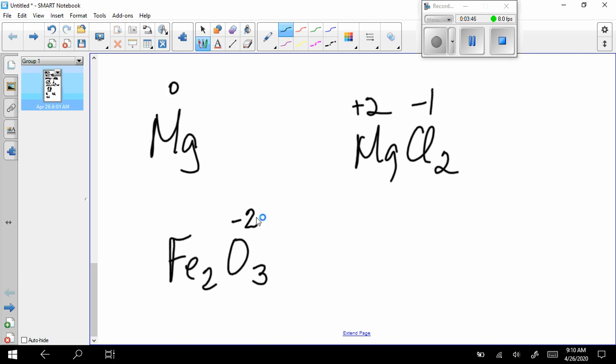If I only looked at the periodic table, I wouldn't be able to figure out the oxidation number for iron because it has 2 choices. It could be a +2 or a +3, but all I have to do is look at the compound, and that tells me the 3 came from here. So the oxidation number of iron is +3, and the oxidation number of oxygen is -2.